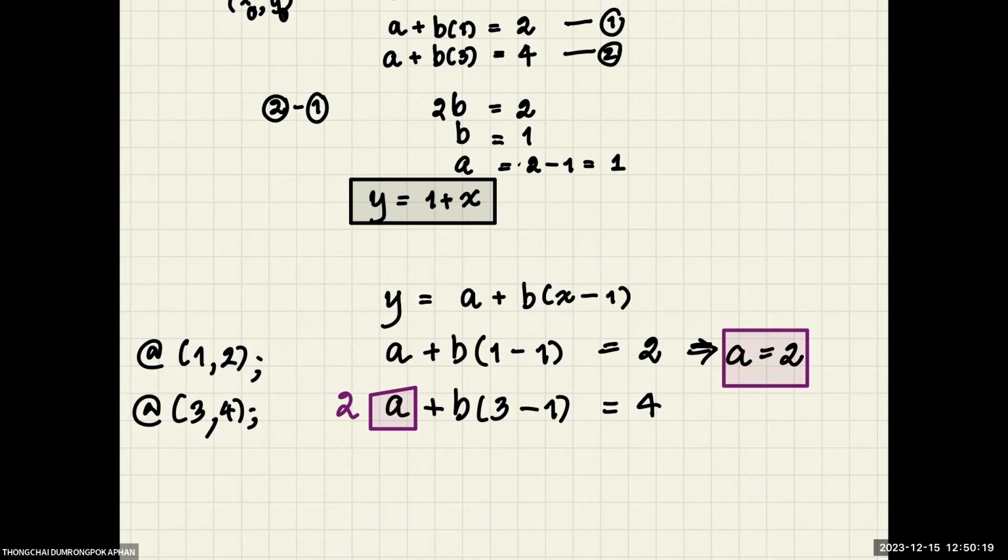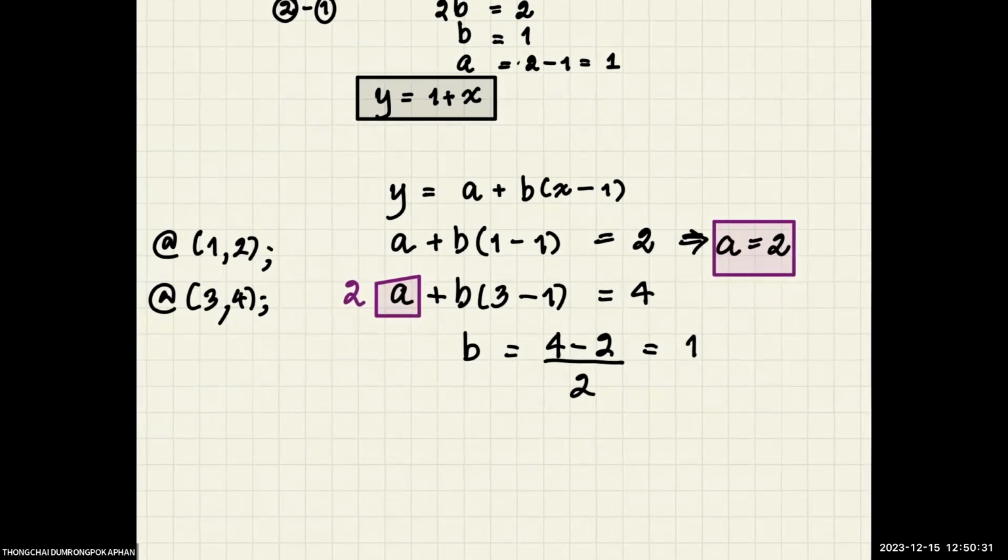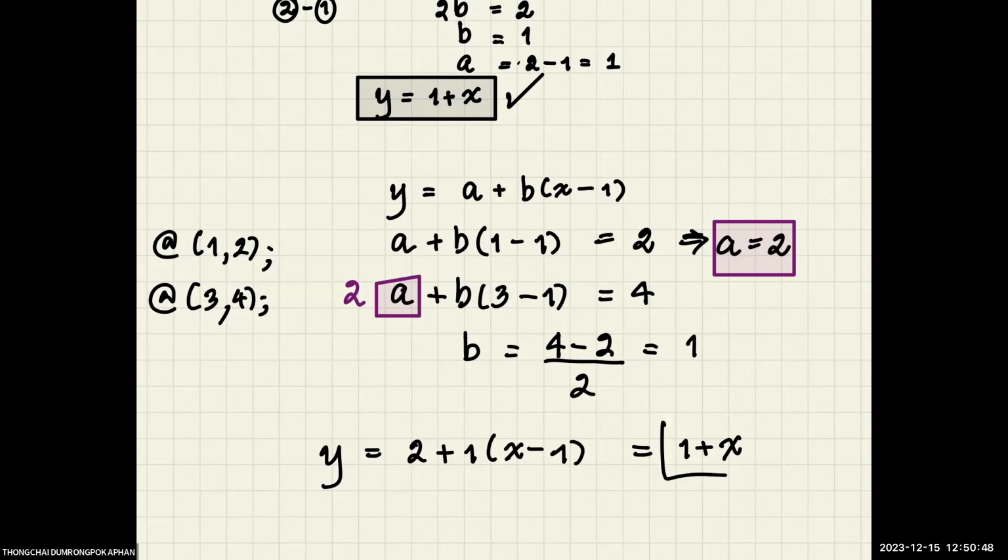Okay? Can I get B? I can get B very easily. B is (4 minus 2) divided by 2. B is 1. Okay. Now I get the equation Y equal to A, which is 2, plus B, which is 1, times (X minus 1). And I simplify it. I will get 1 plus X, which is the same thing as above.